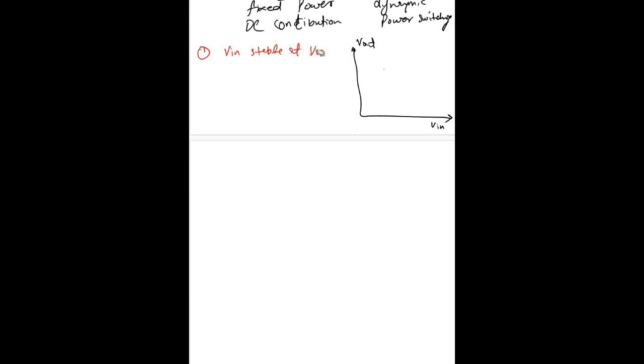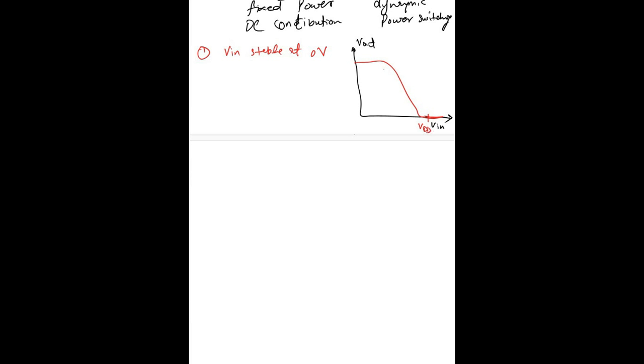So initially the output was equal to 1, at VDD. So the graph could be drawn as what we have been drawing earlier. It could be drawn something like this. So it reaches the VDD value here.